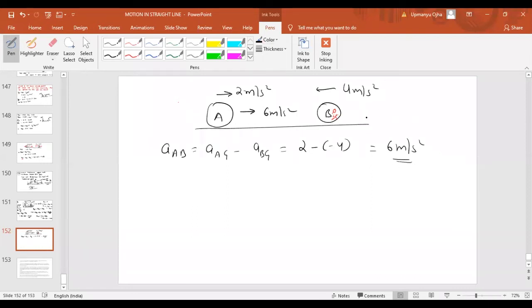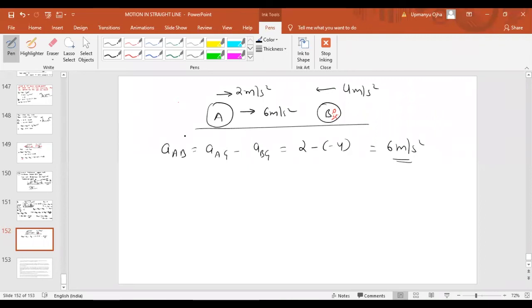See, a reference point I have taken for the train example: I have taken the ground as the reference frame. That is why I am finding the velocity of train with respect to ground, velocity of A with respect to ground, velocity of B with respect to ground. We have to take one frame which should be common for all the observers.